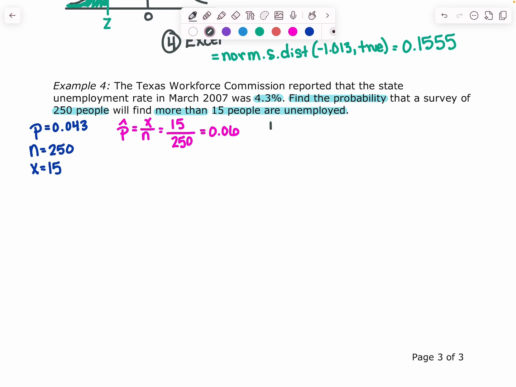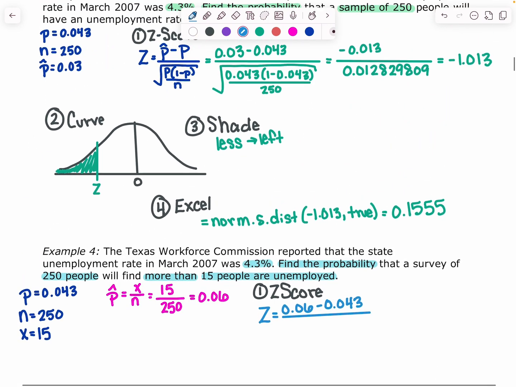So now I can jump into my z-score equation. So z equals 0.06 minus 0.043 divided by, now my p and my n are the same as the previous problem that I did up here.